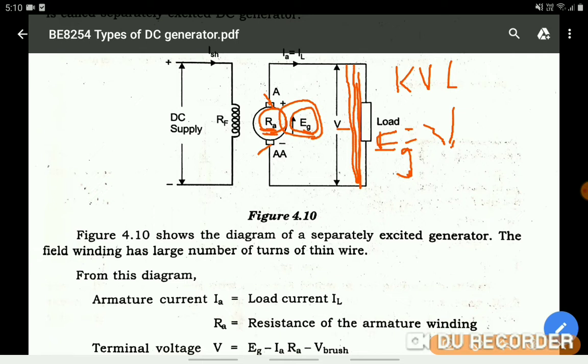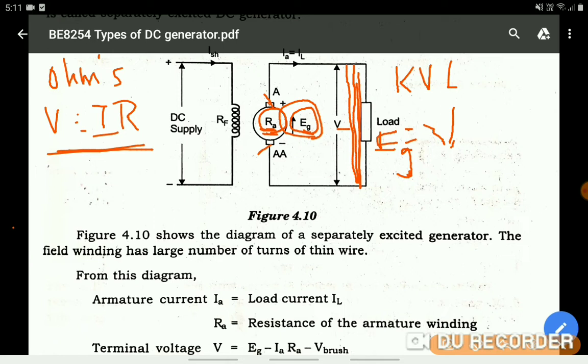According to the armature resistance, there should be a drop. So how to write the voltage drop? According to Ohm's law, V is equal to I into R. So the armature voltage drop should be represented as I into R.